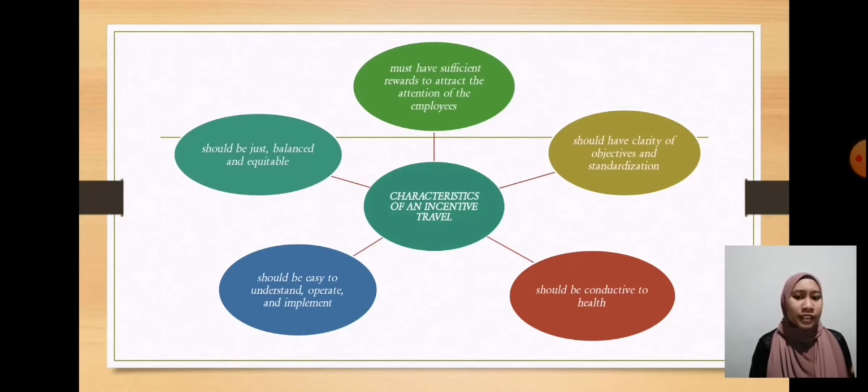Next, the incentive table must have sufficient reward to attract the attention of the employees. If it is small, it will fail to meet the expectations of the workforce, and none of the employees will feel like competing for it. Another essential characteristic is clarity of objective and standardization.